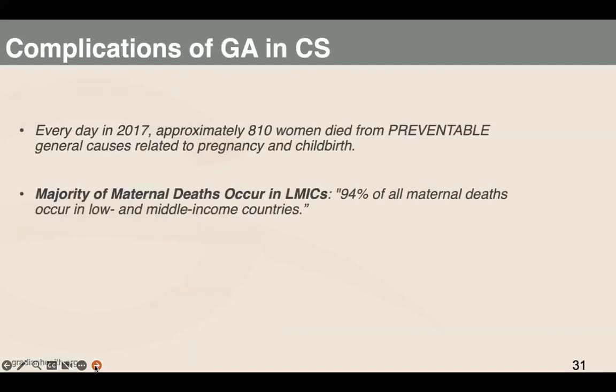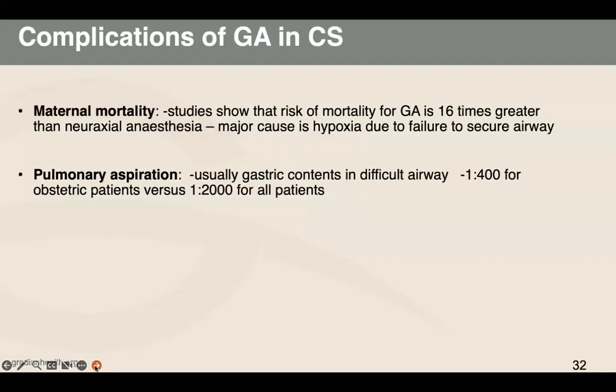Then some complications, some statistics. Every day in the year 2017, approximately 810 women died from preventable causes related to pregnancy and childbirth. The majority of maternal deaths occur in low and middle income countries, with 94% of all maternal deaths occurring in low and middle income countries. Okay, next slide. Then maternal mortality.